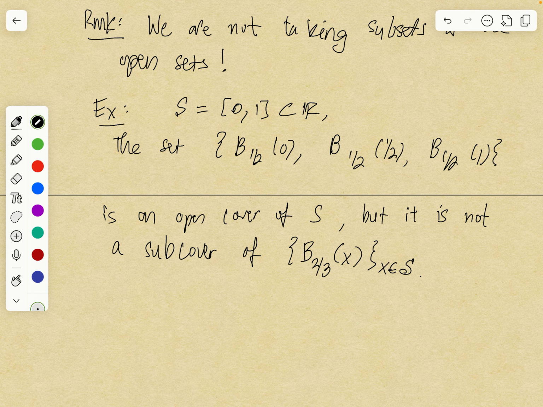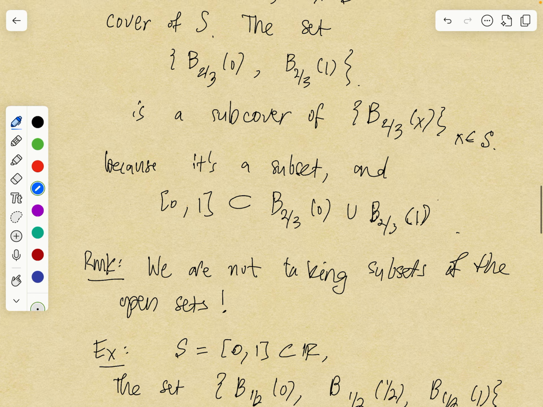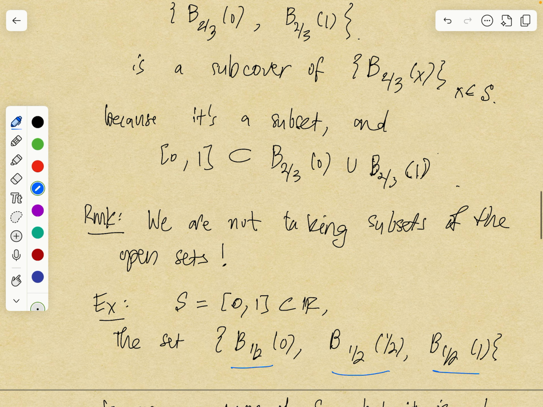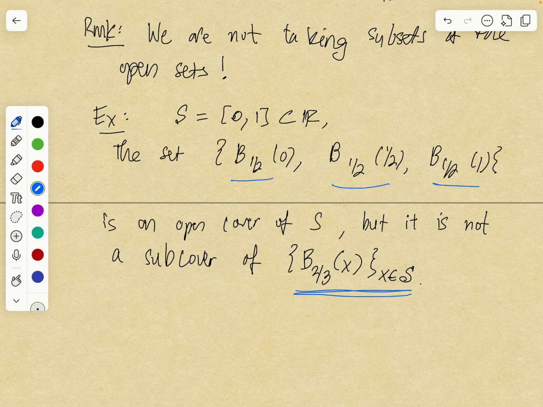Because if you look at this, the balls of radius a half are not balls in my cover, right? The intervals in my cover have radius 2/3, and taking an open subcover means that you're picking some of these intervals of radius 2/3.